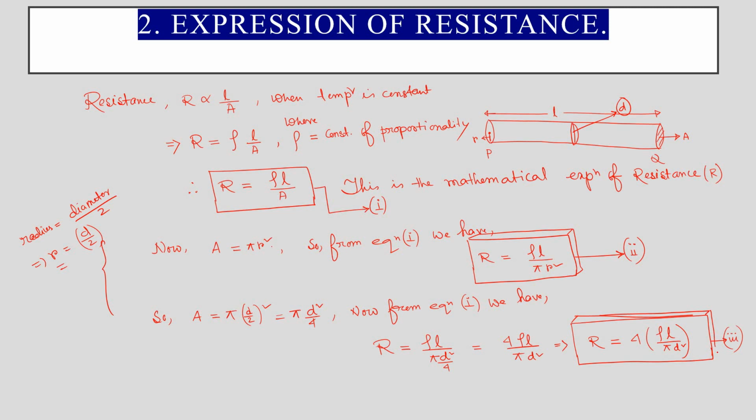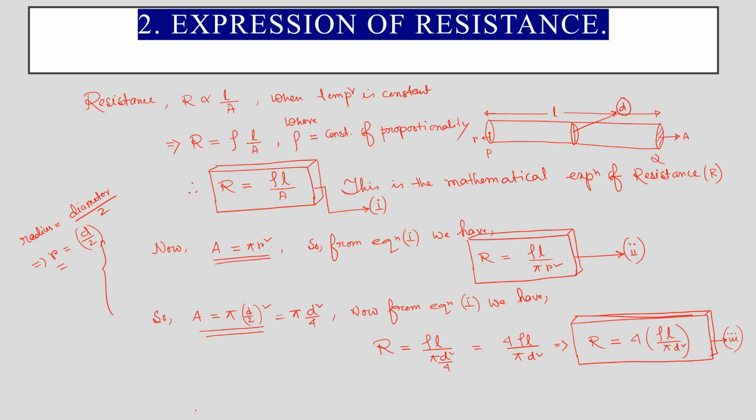Okay, so all these three equations are basically same. We are replacing the area of cross section, first in terms of radius, second in terms of diameter.